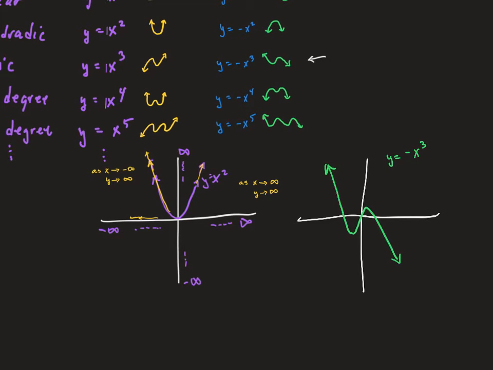And I look at it, and right here as x approaches negative infinity, my y is approaching positive infinity. And over here, as x approaches infinity, as it gets larger going this direction, it looks like my y value is approaching negative infinity. And that's what they're talking about when they talk about end behavior.